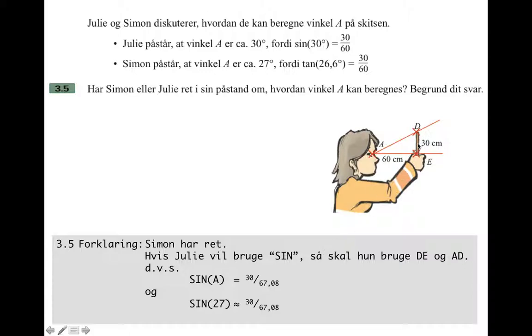And because they're the opposite and the hypotenuse, she'll be using sine, so she might be using the fact that sine of 27, not 30, is 30 over 67.08.